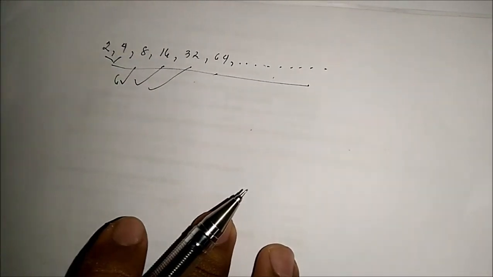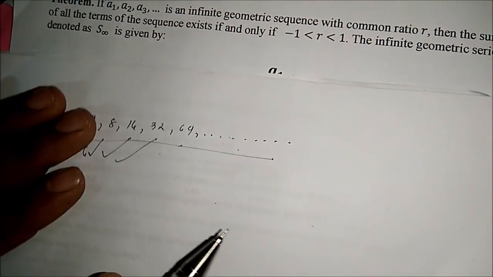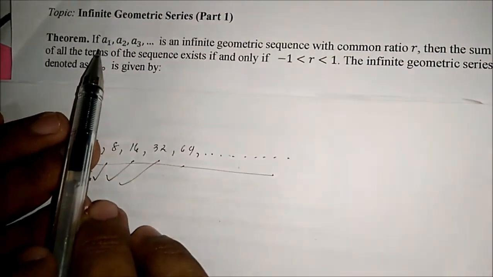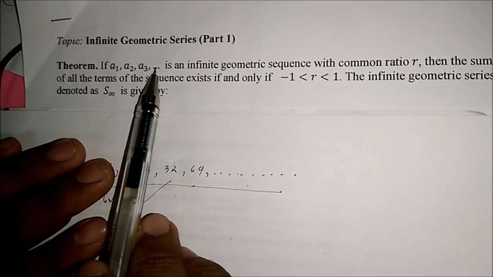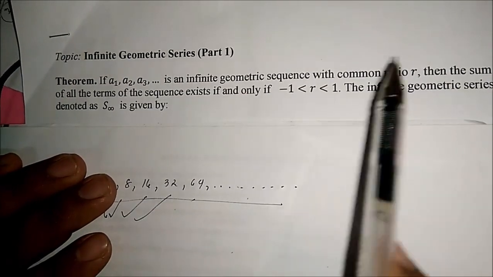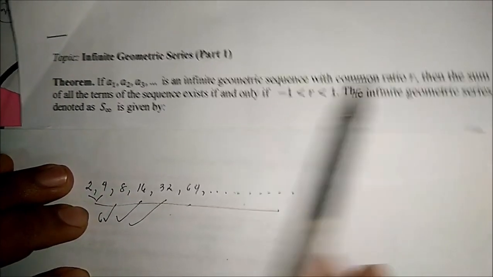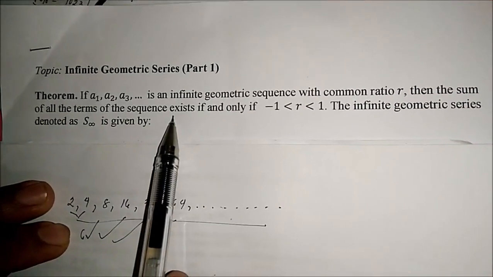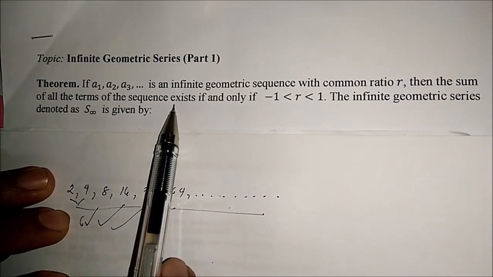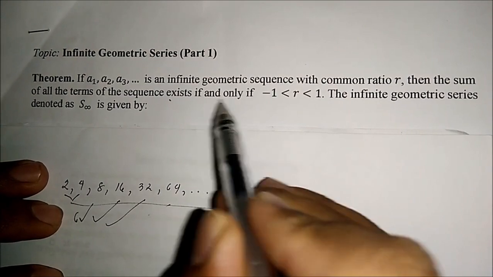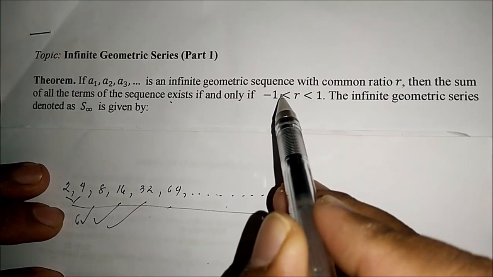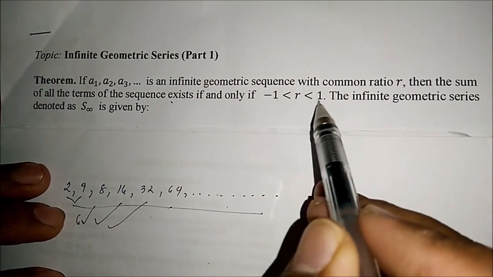Now, ano yun? So, paano yun? Let's find out. Okay, ganito lang yan. So, if we have a geometric sequence, a sub 1, a sub 2, a sub 3, up to infinity, with common ratio r, then the sum of all the terms of the sequence exists, if and only if, so this is the condition, the ratio is between negative 1 and 1.